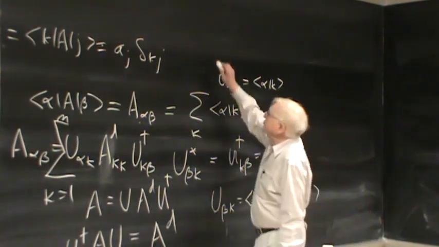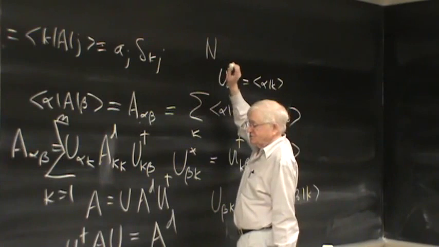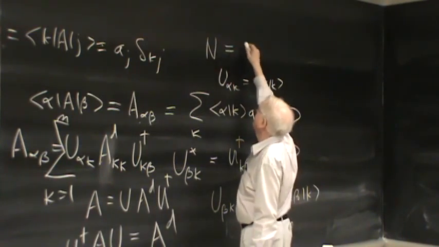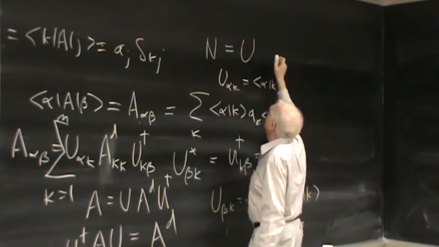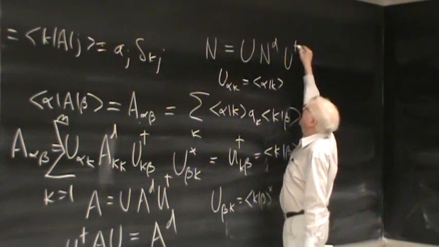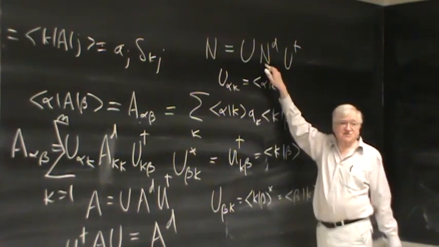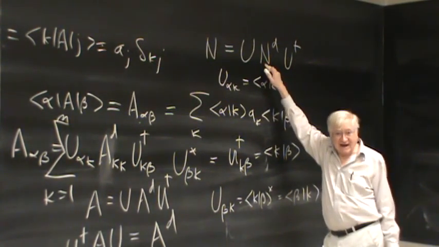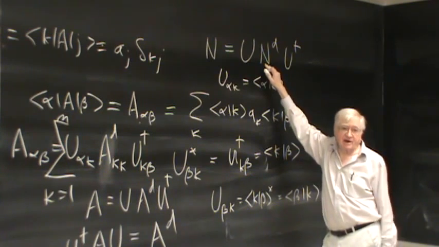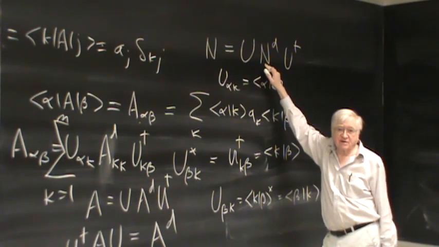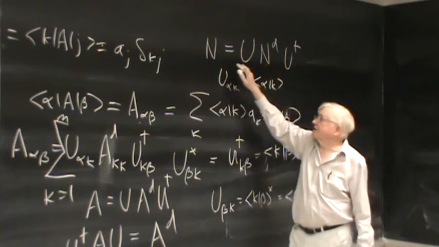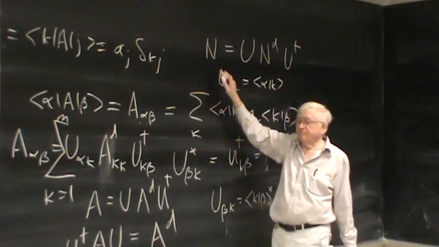A normal matrix, I'm going to still use A for the symbol, but for the moment, let's use N. This would be U N_diagonal U dagger, and this would be a diagonal matrix, but instead of having real eigenvalues, it has arbitrary complex eigenvalues. And so this gives you then a general normal matrix.